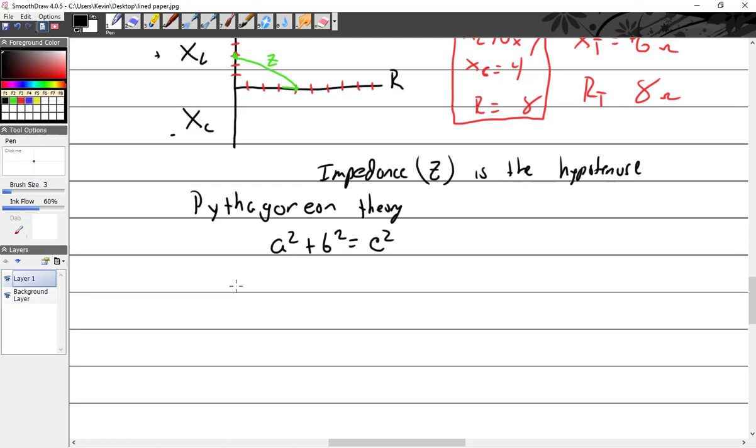How about X total squared plus R total squared equals Z squared. The same thing, I'm going to write it just a little bit different. Z equals the square root of R squared plus X total squared.